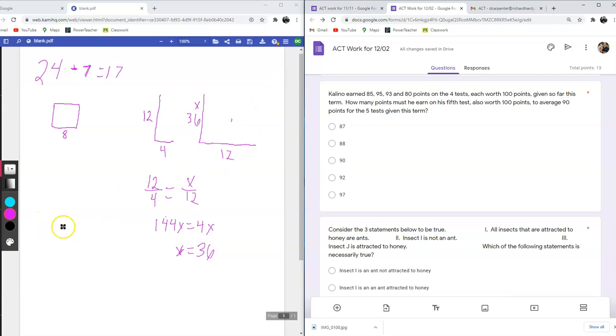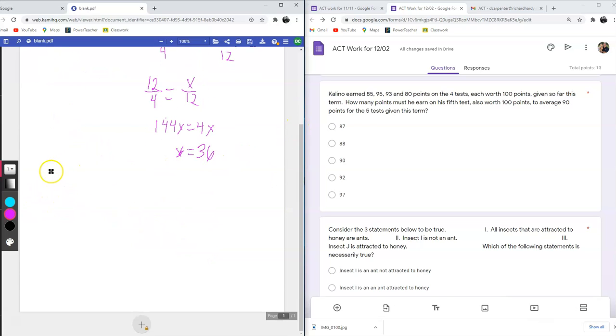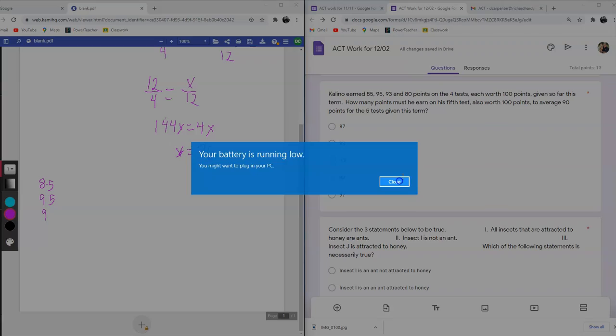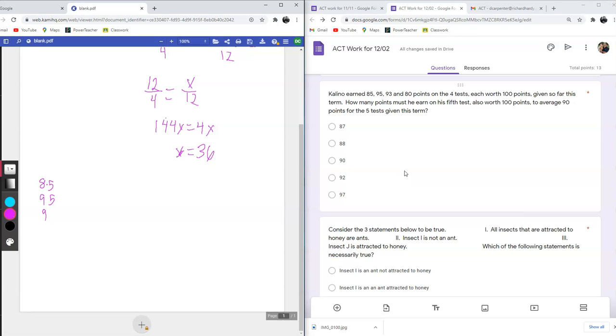So I know that if I add all those up, 85 plus 95 plus 93 plus 80, I'll just put them out here so it's easier to see. I don't have a calculator, so I'm having to do these in my head.